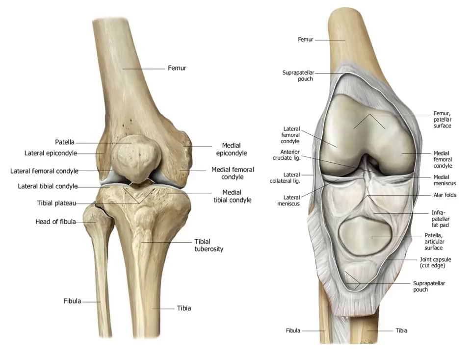The weight-bearing articulation occurs between the condyles of the femur and the medial and lateral tibial condyles, which form the tibial plateau. Like any typical synovial joint, articular hyaline cartilage lines the surface of the condyles. Here we see that articular hyaline cartilage.